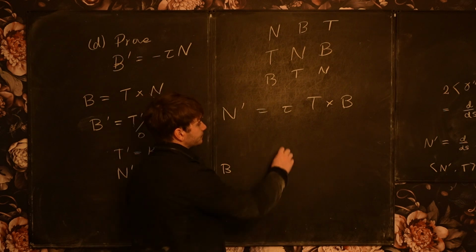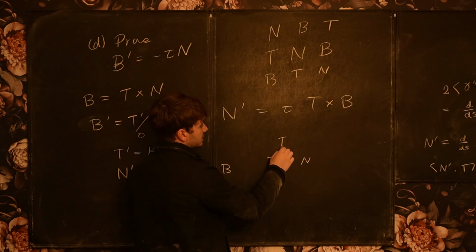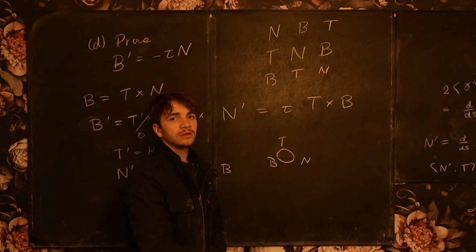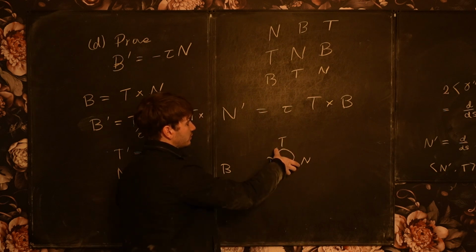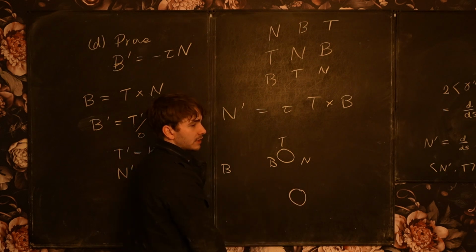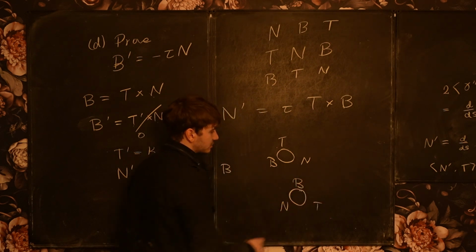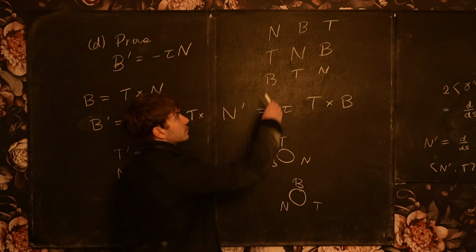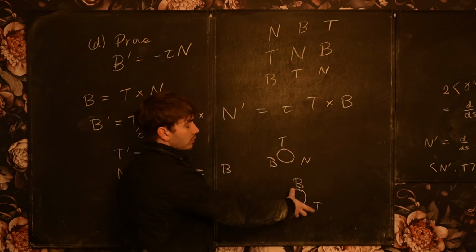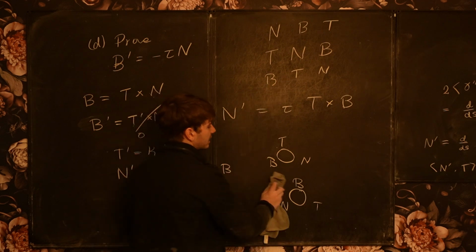If you're not familiar with this idea, you can picture t, n, and b being on a circle, okay? And then essentially think about rotating this circle. So if I rotate the circle, let's say by 120 degrees, I'm going to end up with b, t, n like so. And so you see n, b, t, that's one of the cyclic permutations. And then if I were to rotate this circle again by 120 degrees, I would end up with t, n, b. Okay? So these are the cyclic permutations.